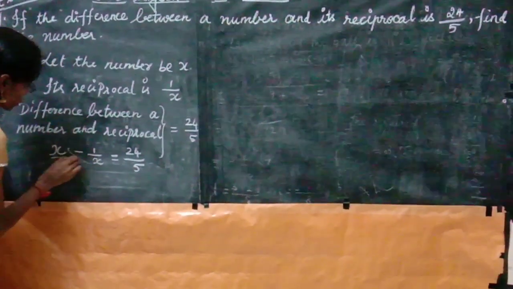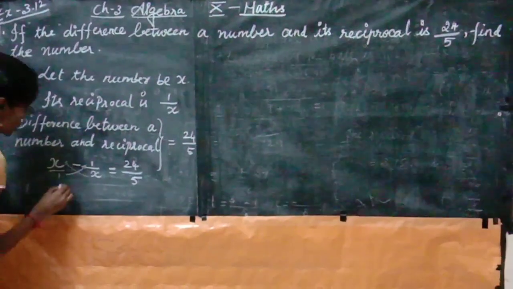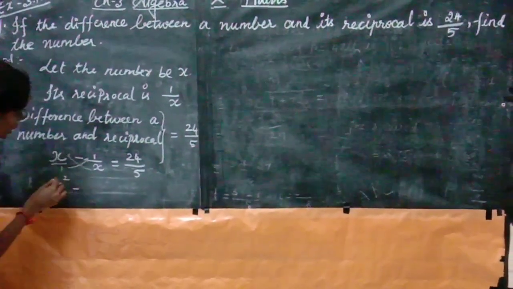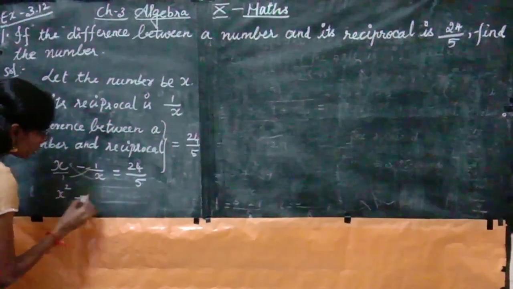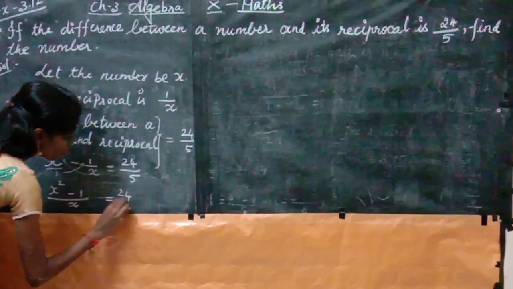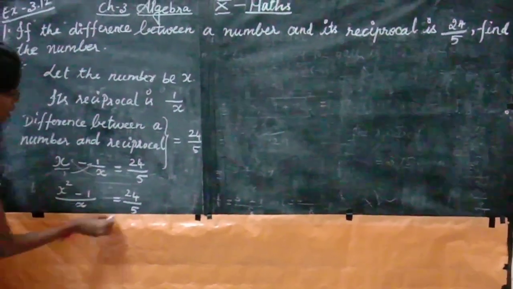Cross multiply: x into x square minus 1 divided by x is equal to 24 by 5.